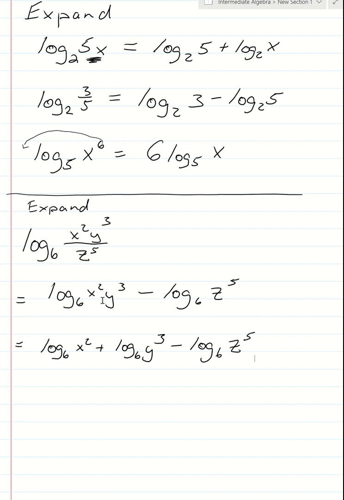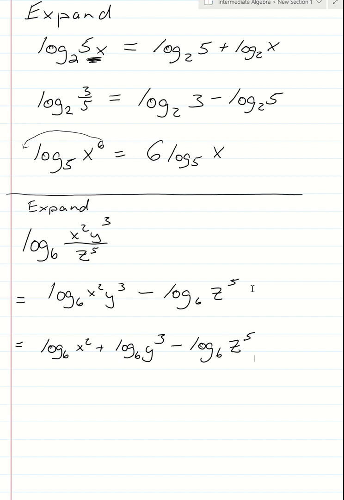Now we expanded out the multiplication of the x squared y cubed, and we turned it into the addition of two logarithmic terms. Well, not only do we expand out the division, and not only do we expand out the multiplication, but we want to expand out the powers, the power of 2, 3, and 5.